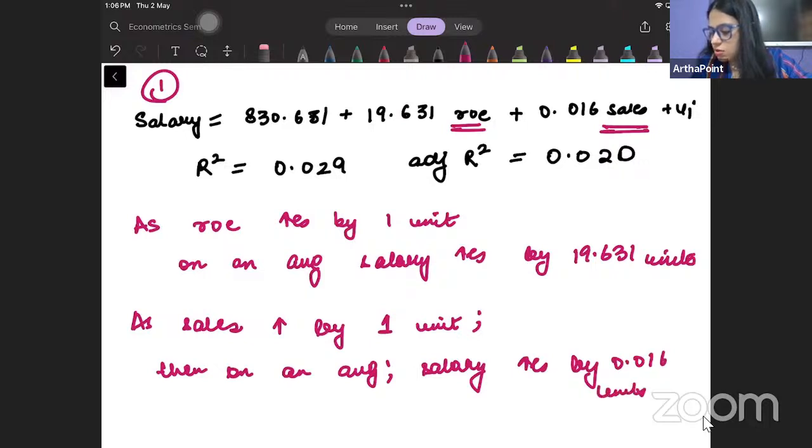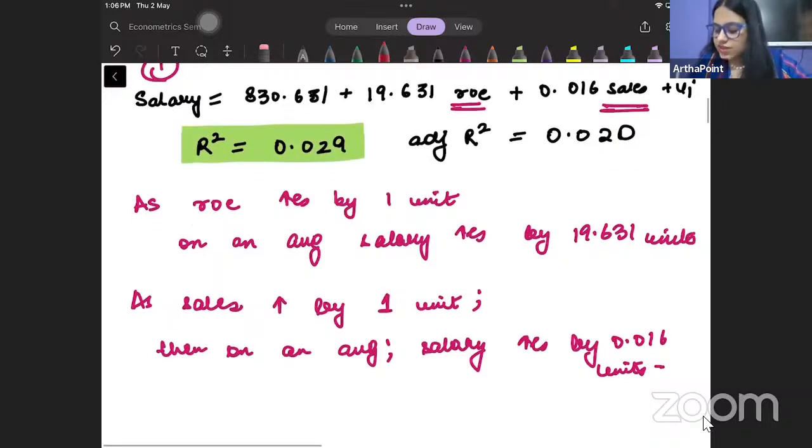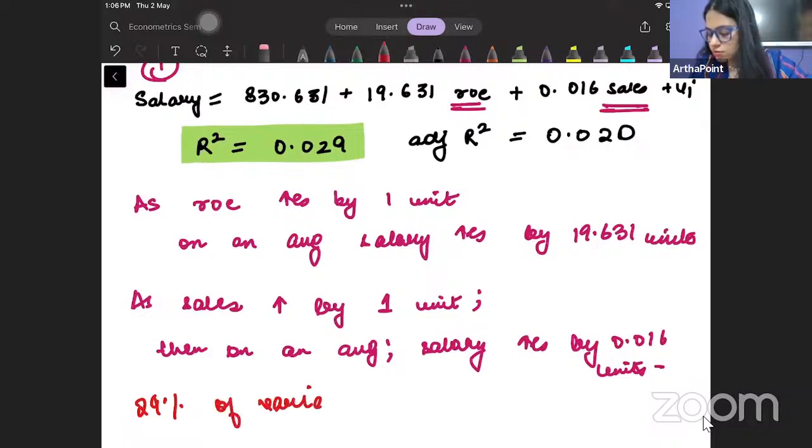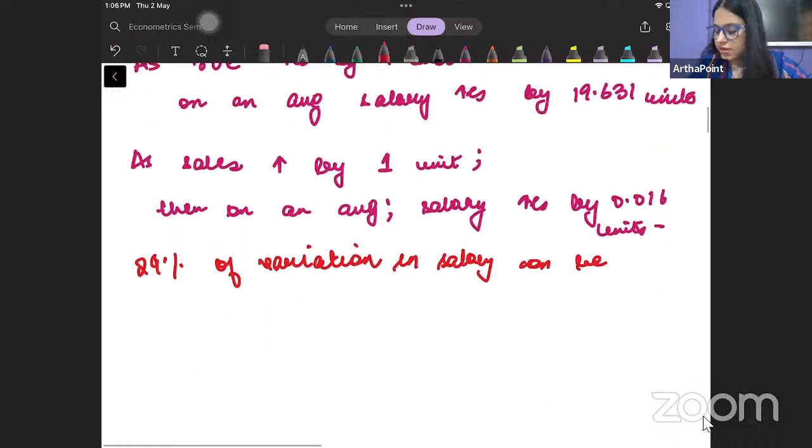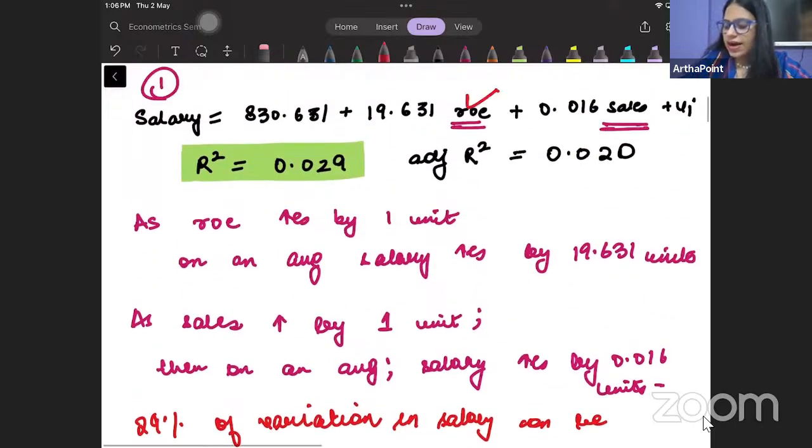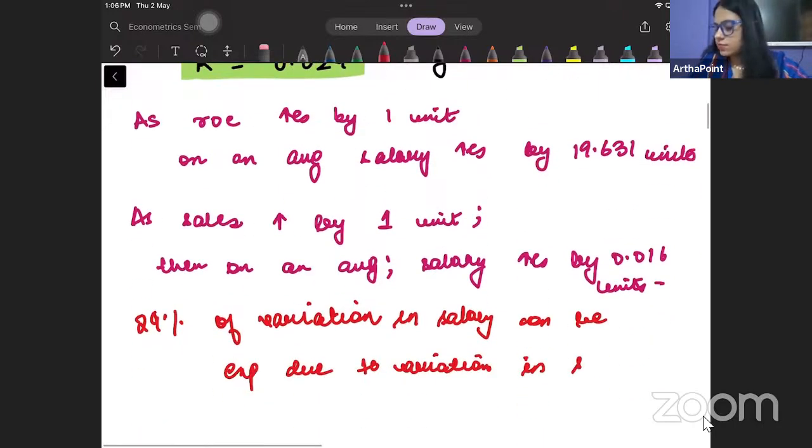0.016 units. This R square is 29%, so we can say that 29% of variation in salary can be explained due to variation in ROE and sales together.